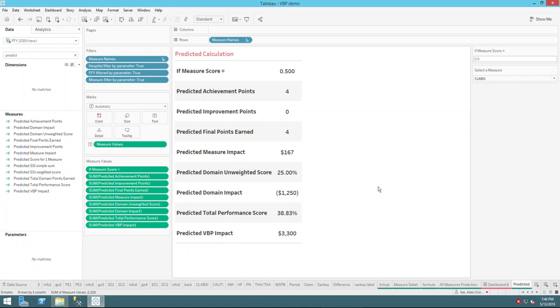And I think in another domain, there's also another measure that is not calculated by the achievement or improvement points. It is just a sum of something for that measure. So make sure you go through the CMS criteria and understand the methodology first before you create this calculator for predictive analysis.